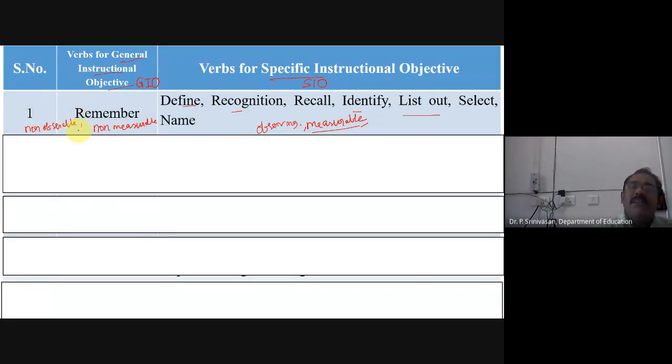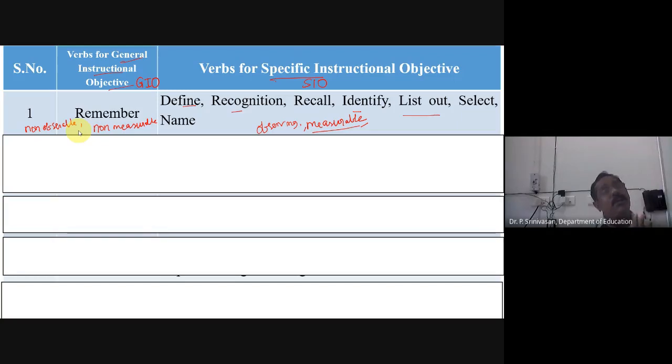If I say I remember, you cannot observe or measure. If I say I understand, you cannot observe. I know means what you know? I have to express it, tell the definition through communication, or write, or draw, or do some experiments. Then only you can observe and then measure.